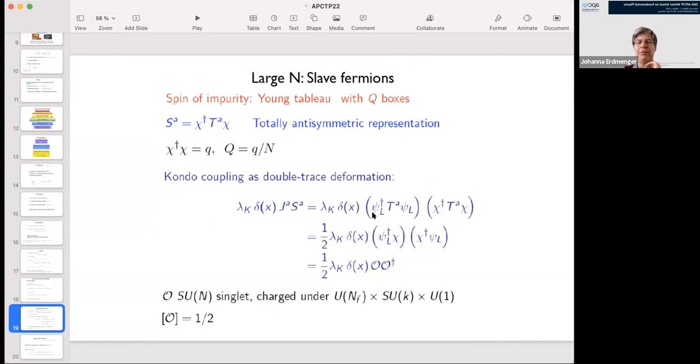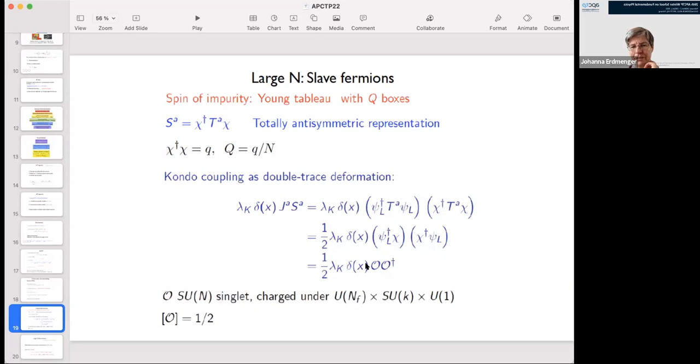Now the key point: if n really goes to infinity, at any n I can use a Fierz identity to evaluate this product of these two matrices. But if n goes to infinity, lots of subleading terms go away, and the only terms that are left are essentially this product of two scalar operators, O and O dagger.